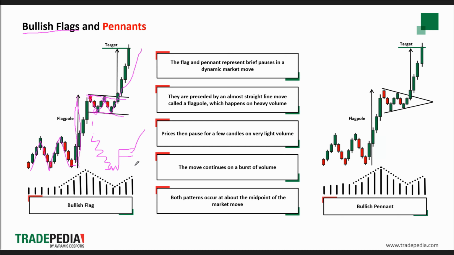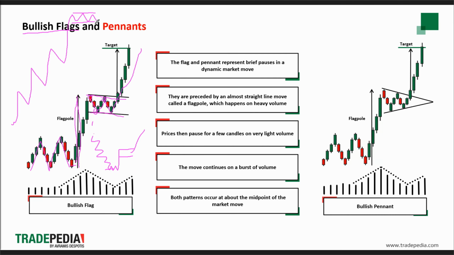One thing to note about the bull flag is that if it is consolidating at the high of the chart, let me draw it. The price is going up, then there is a huge bull flag consolidating within here.